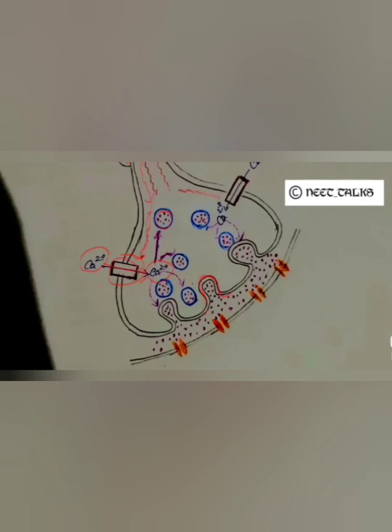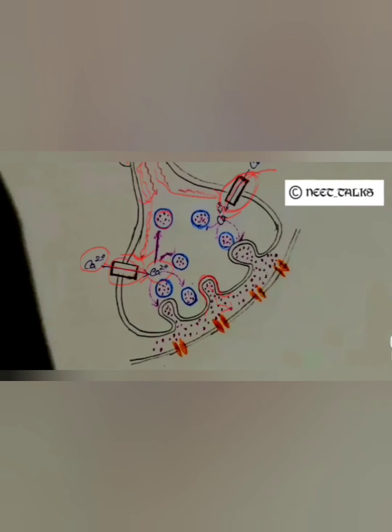Now further, this calcium causes the exocytosis of the synaptic vesicles, and these neurotransmitters are released in the synaptic cleft. So let us recall once more: the wave of depolarization reaches the synaptic knob, then this wave of depolarization causes opening of the voltage sensitive calcium channels, which causes the entry of the calcium ions from the ECF to inside the cell.